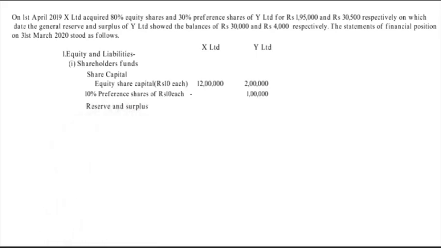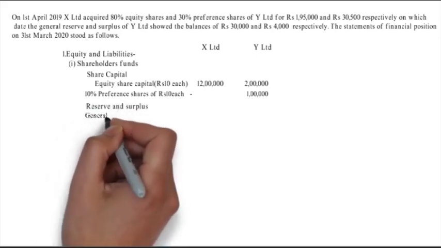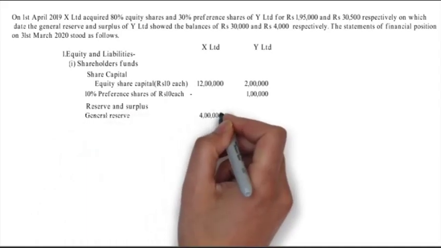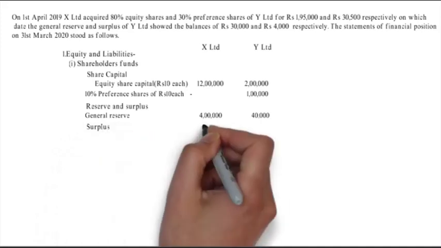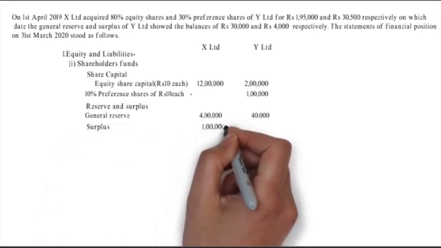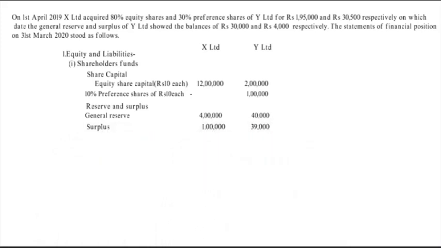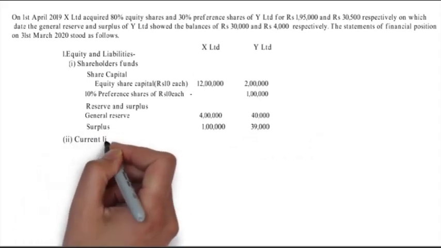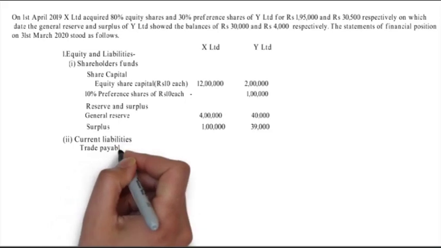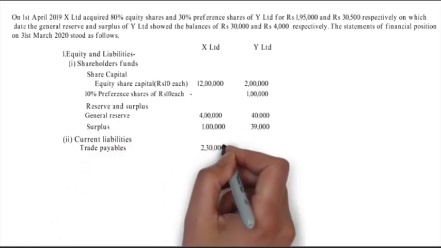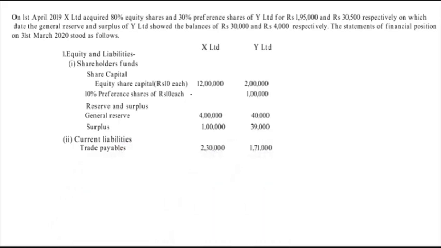Reserve and surplus, general reserve, X Limited 4 lakh, Y Limited 40,000, surplus, X Limited 1 lakh, Y Limited 39,000. Then current liabilities, trade payables, X Limited 2,30,000, Y Limited 1,71,000.